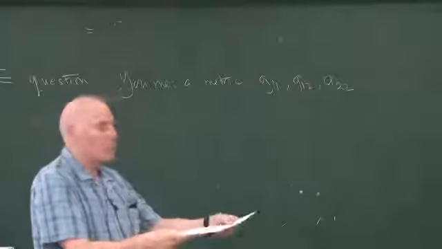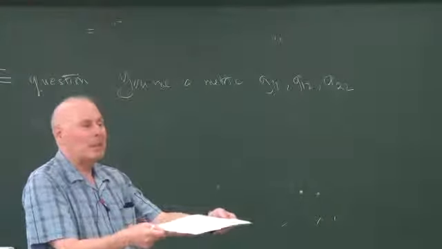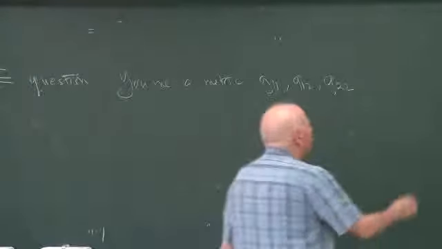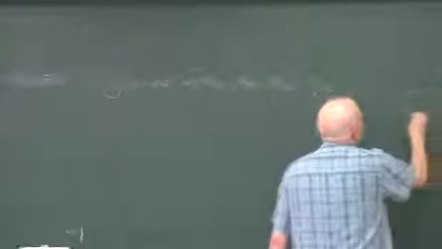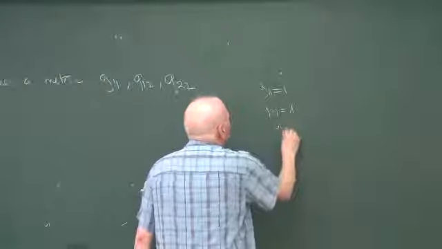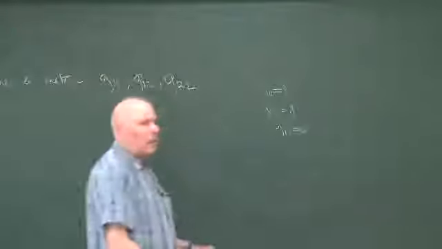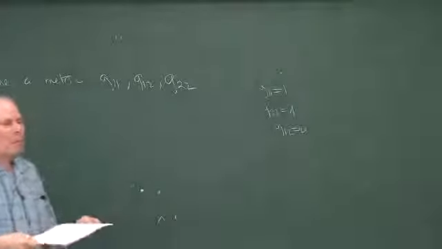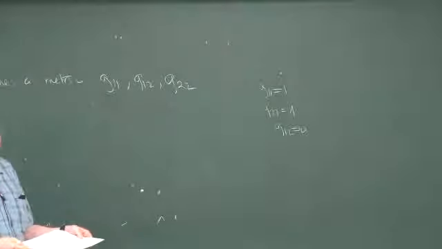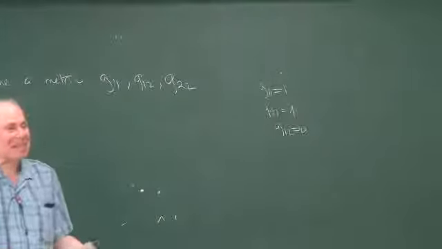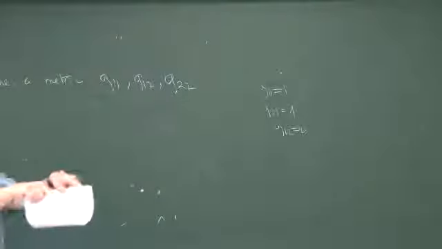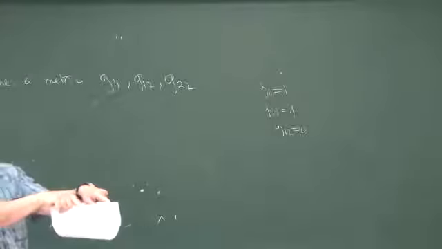Well, the easy one was, of course, the flat piece of paper, which satisfies it when g11 equals 1, g22 equals 1, g12 equals 0. So we solved the problem. That's the easy case. You knew the answer. Of course, the cylinder would have worked too.